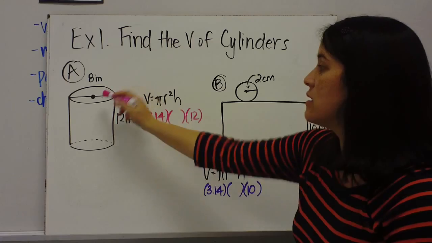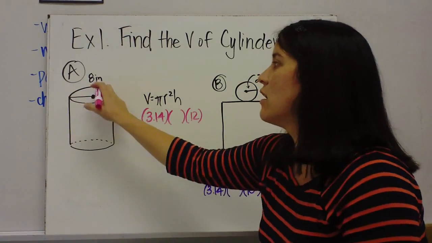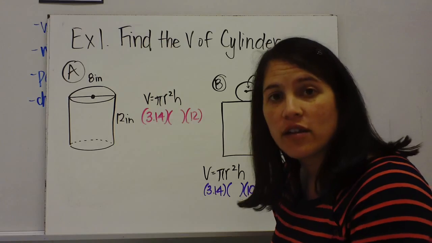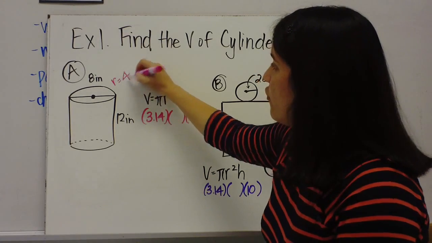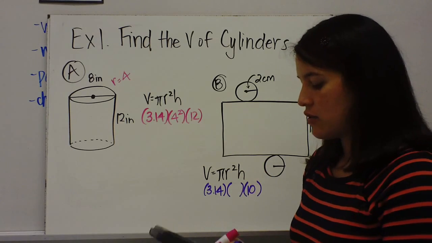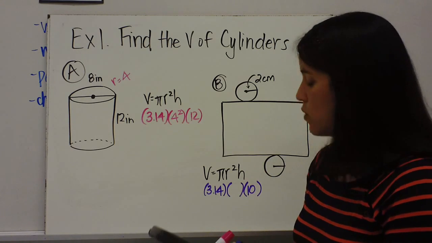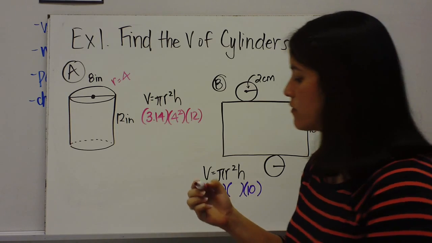The radius of the cylinder. So this whole thing going across is 8. So that whole thing is a diameter and the radius is half of it. So the radius would be 4. So we're going to put in 4 squared. And then we can type that into our calculator. 3.14 times 4 squared times 12.